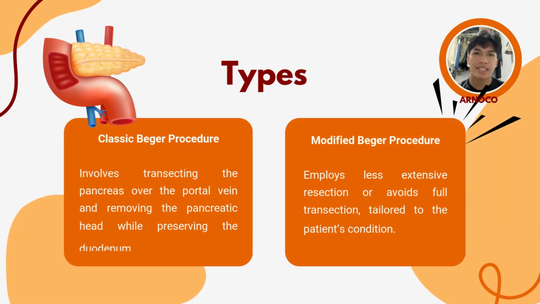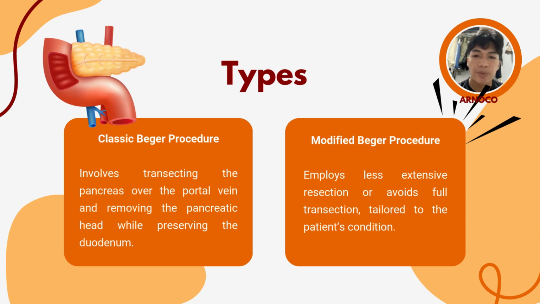Now I'm going to discuss the two main types of Beger procedure. First, the classic Beger procedure. It involves transecting the pancreas over the portal vein and removing the entire pancreatic head. Despite the resection, the duodenum is preserved, which helps avoid the more extensive resection involved in procedures like the Whipple operation.